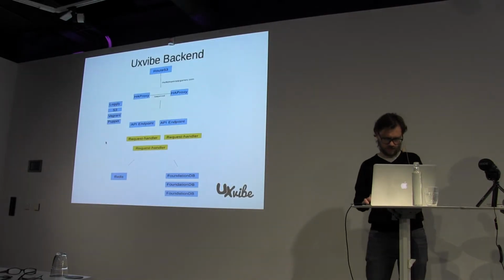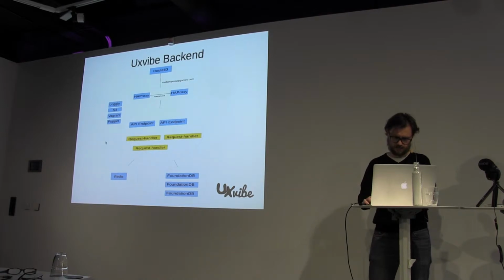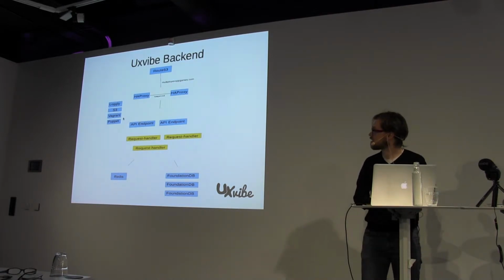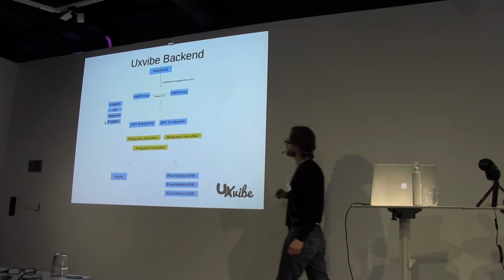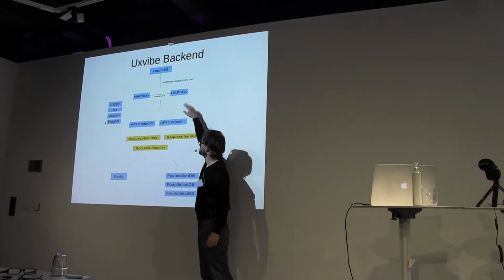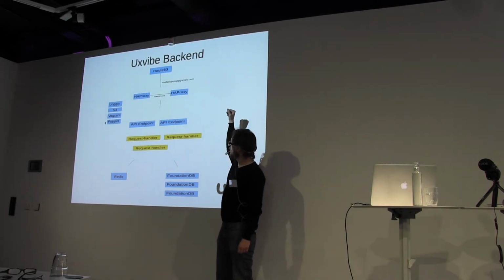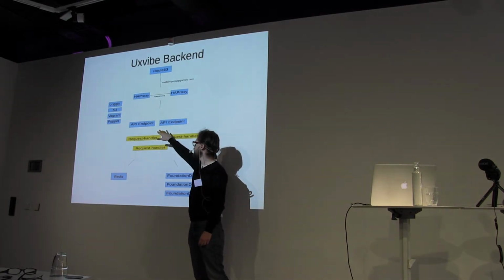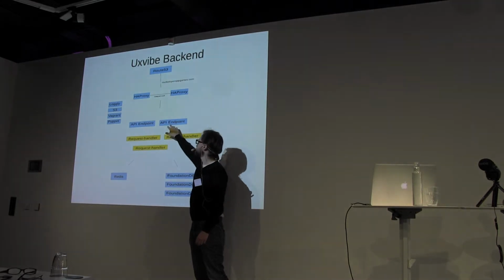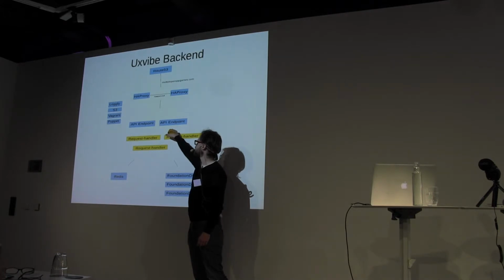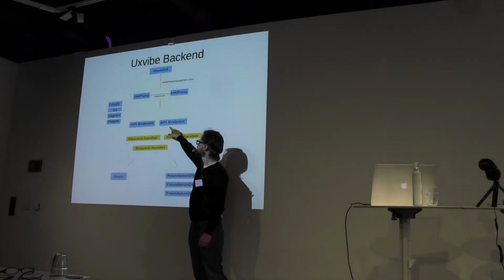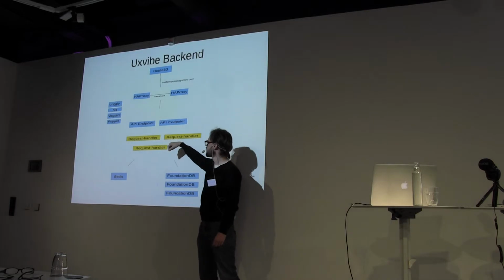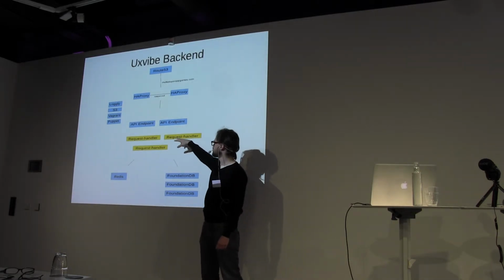Okay. So a bit about the back end. If we look at this one here, you can basically see everything about it. So we have something called the API endpoint. It's really a web server. In this case, the server is called Cowboy. It's an Erlang web server, and then you have the request handlers.